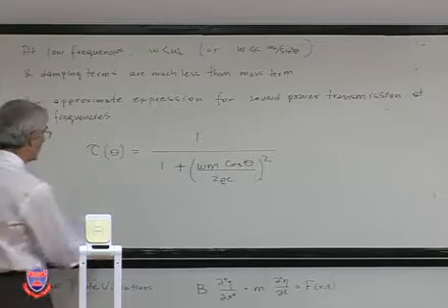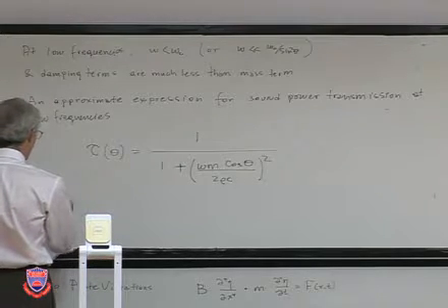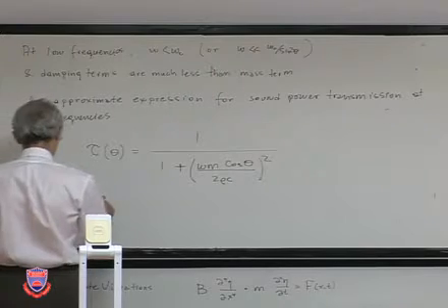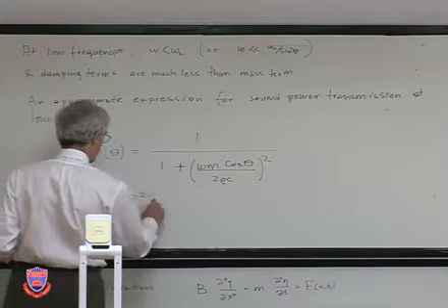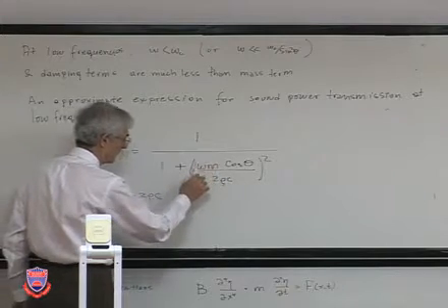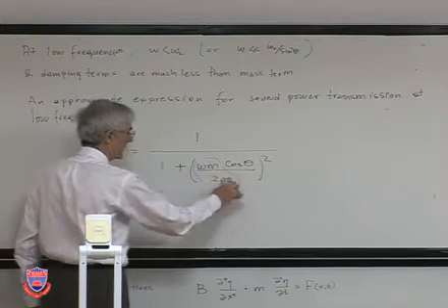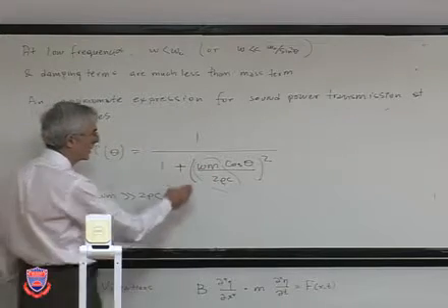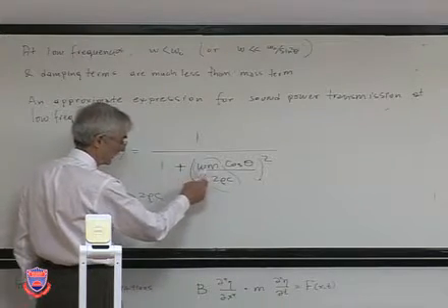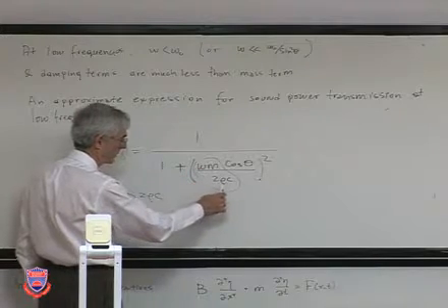Now, for omega m much larger than 2 rho c, well, rho c, for example, if this is some sort of a solid material, but sufficiently high frequency, but in the low frequency range.